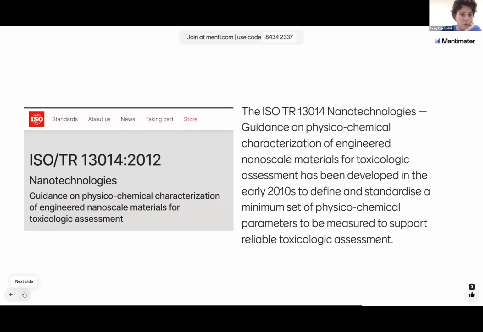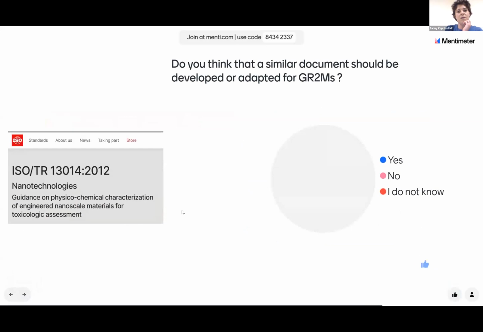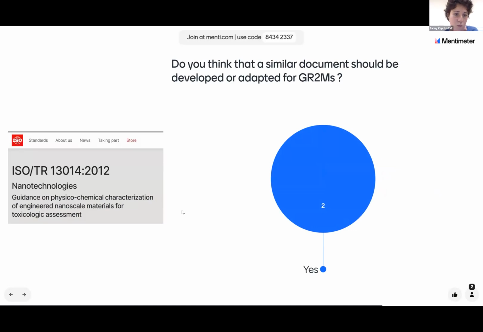And here the question that we have for you is if you think that a similar document should be developed specifically, or if this ISO document should be adapted to consider the specific parameters that would be needed for the toxicological assessment of graphene-related materials.